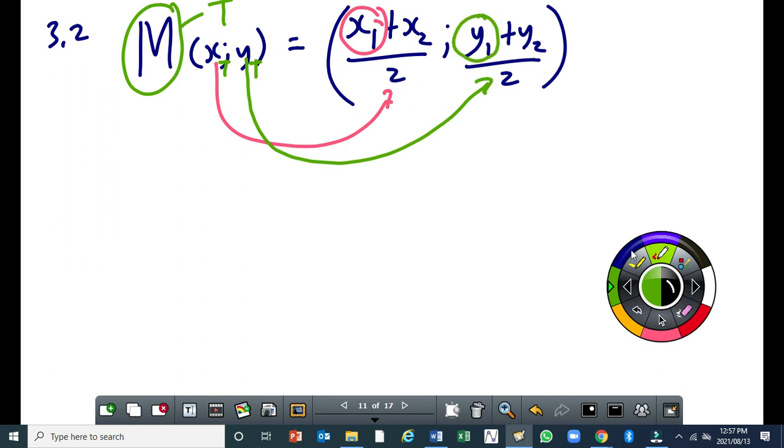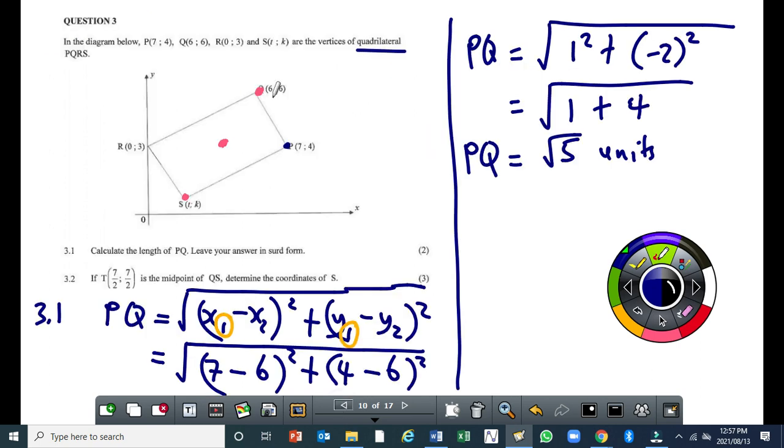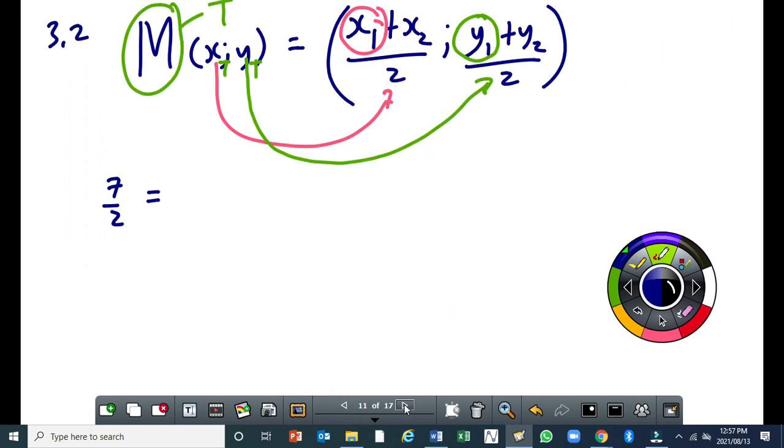If we do that, we'll get 7 over 2 is equal to x1, which in this case is 6, plus the value of x at S, I'll call it xs, over 2.